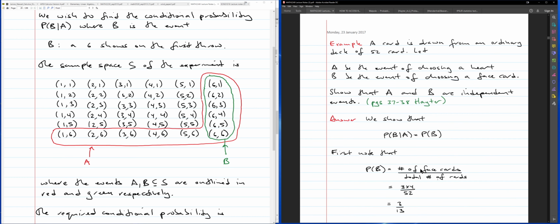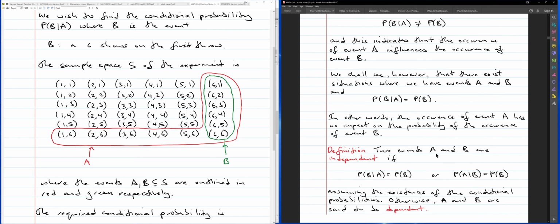Your definition of independence is that two events A and B are independent if the conditional probability of B given that A has occurred is equal to the probability of B, or the probability of A given B has occurred is equal to the probability of A. There's an error in these notes here; there should be probability A over here. And that's assuming the existence of the conditional probabilities.